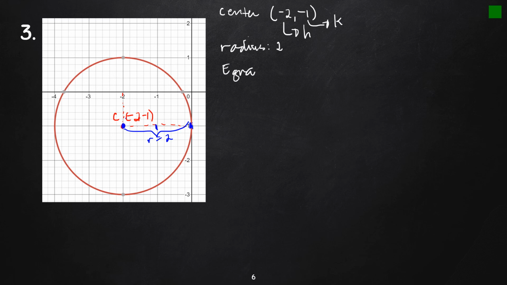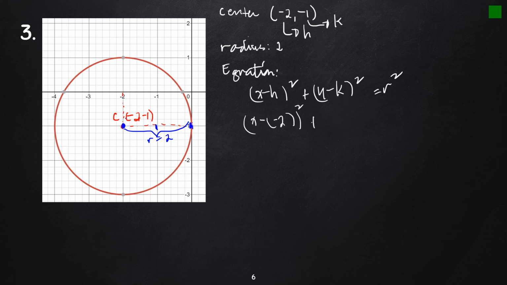Now, what is the equation of this circle in standard form? So going back again to the standard form of the equation of the circle, x minus h quantity squared plus y minus k quantity squared equal to r squared, and replacing the values of our h and k by negative 2 and negative 1, we have x minus negative 2 quantity squared plus y minus negative 1 quantity squared equal to 2 squared.